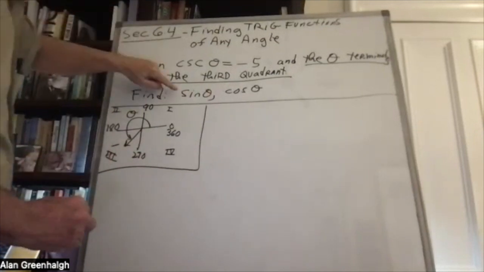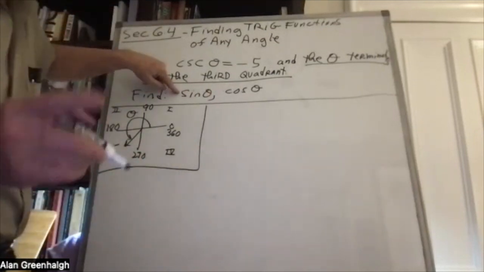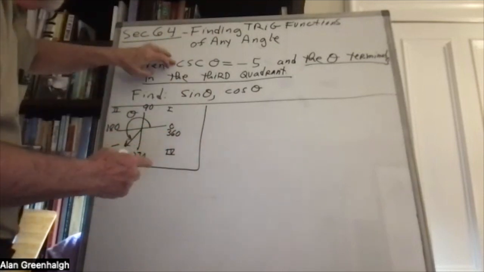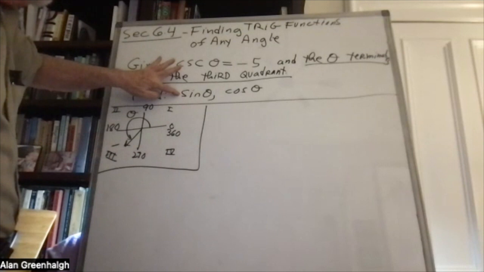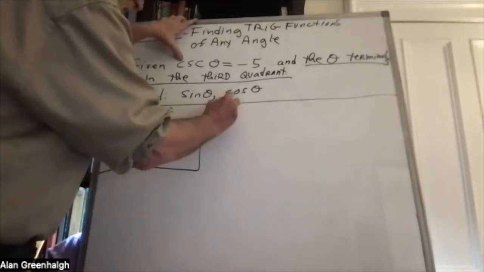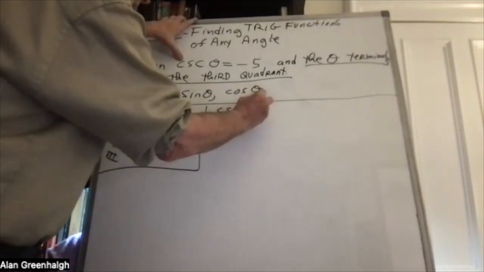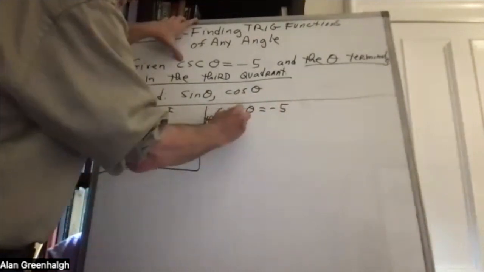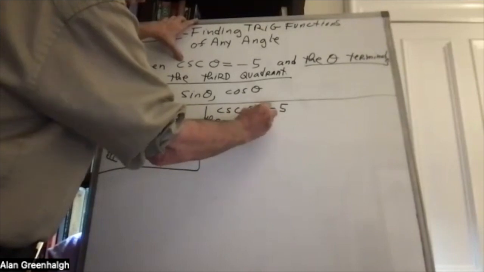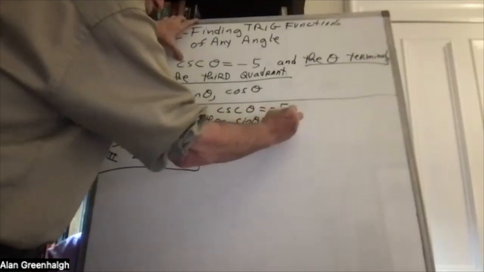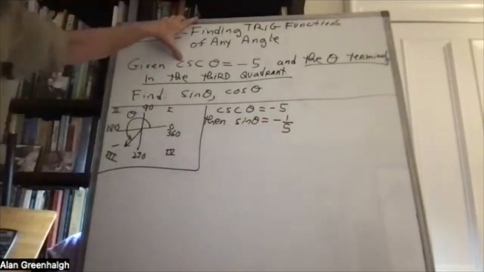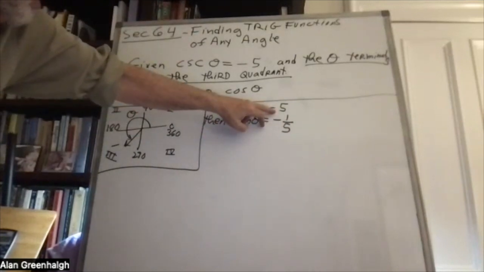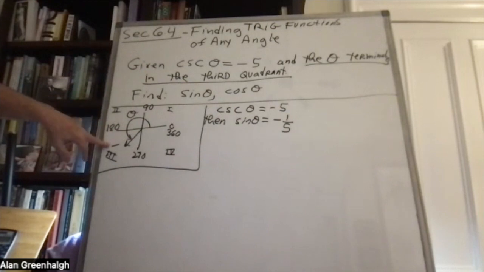Well, as you well know from 2 hours ago, the cosecant is the reciprocal function of sine. The cosecant of theta is -5, then the sine of theta will be -1/5. That's the reciprocal. And it's got to be negative. The negative makes sense now because it is a third quadrant angle.